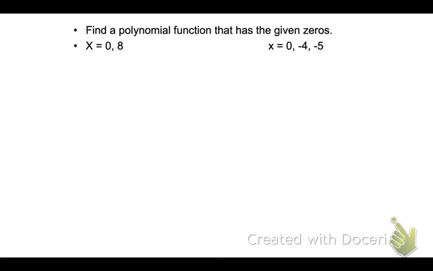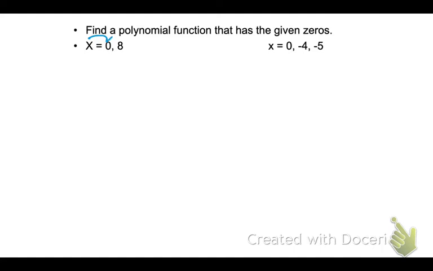Find a polynomial function that has the given zeros. So these are zeros. So I'm going to go backwards. Zeros came from what? You went too many steps backwards. The factors. So I moved these to the right.